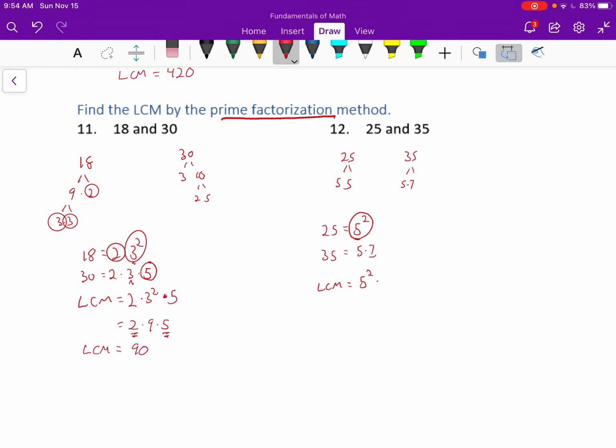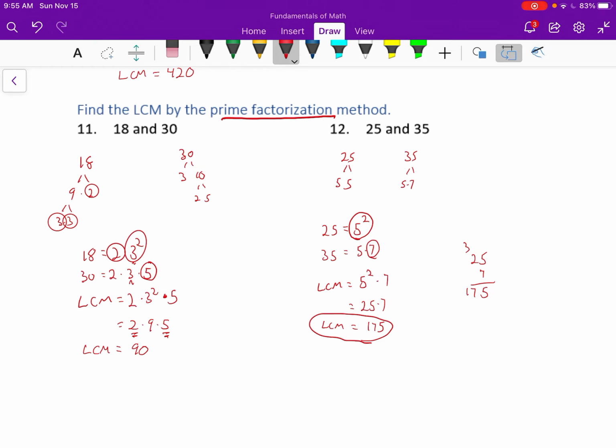And then we need the 7 here. So this is 25 times 7. 7 times 5 is 35, add the 3, 7 times 2 is 14, plus 3 is 17. So the least common multiple of 25 and 35 is 175.